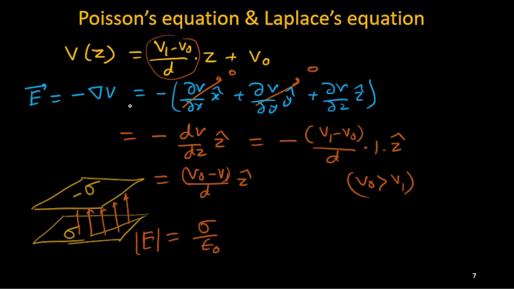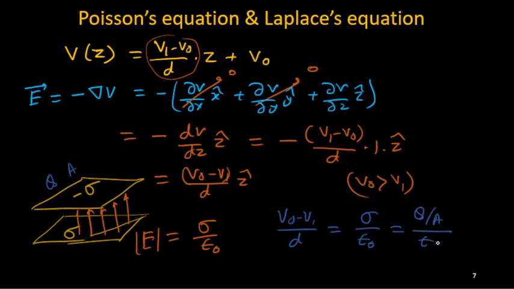So this magnitude and this magnitude we can now compare. If I compare these two, I can simply write V0 minus V1 by d is the magnitude of the electric field, and that is the same as sigma upon epsilon naught. And what is sigma? If total charge is Q and total area is A, then sigma is the charge per area, Q upon A, upon epsilon naught. Now here we can define the capacitance between these two plates.